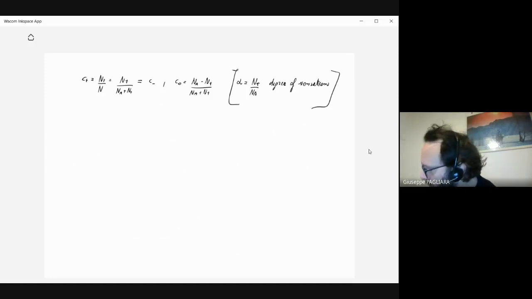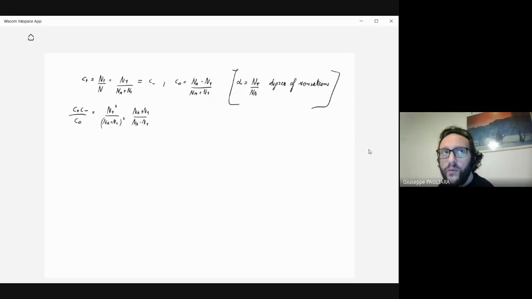Now we have to compute in the law of mass action this C plus C minus divided by C0, which will be the following quantity. So I have n plus squared divided by Na plus n plus squared. And then I have to divide by C0, which is Na minus n plus divided by Na plus n plus.